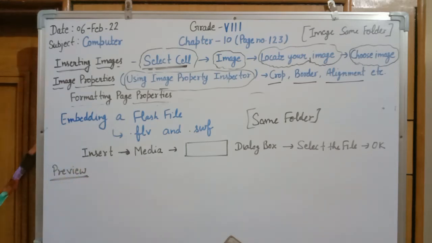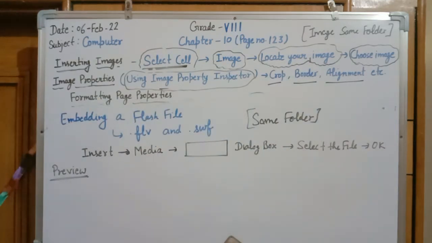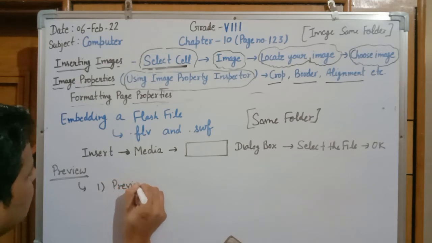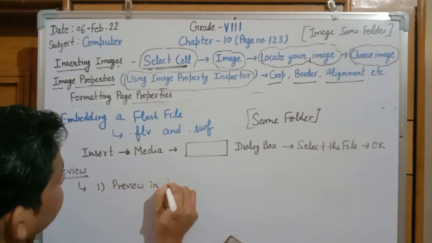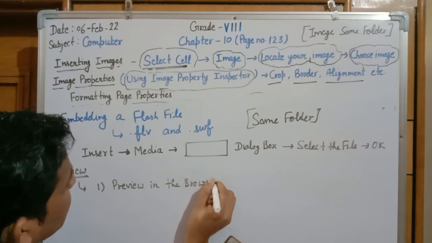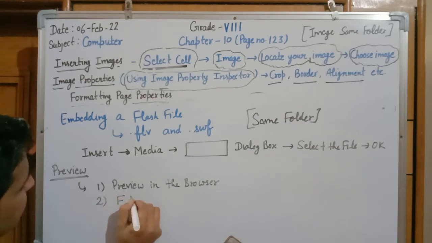We can see the view of the document in the browser by three options. First option is preview in the browser. Second option is the shortcut key, that is F12.